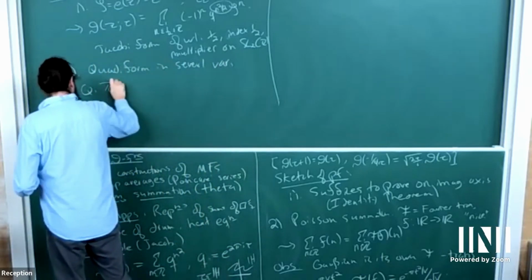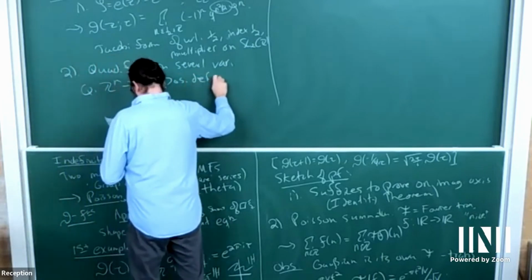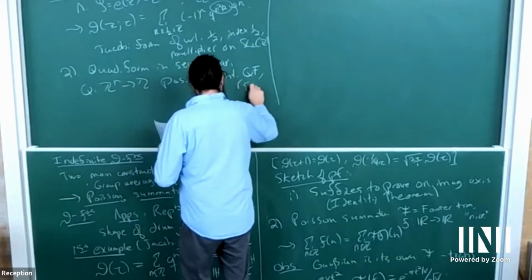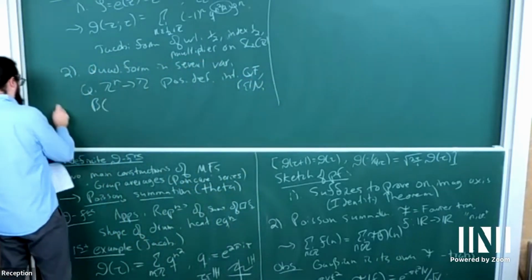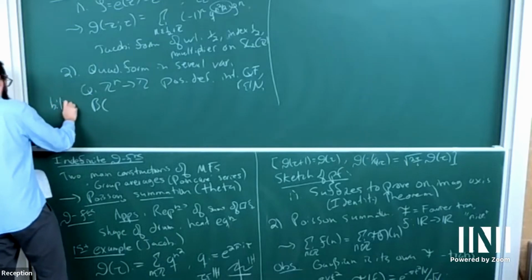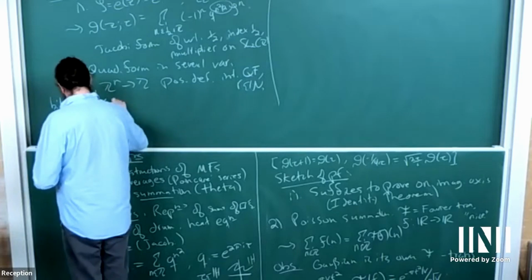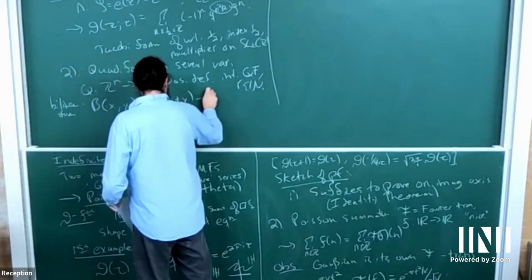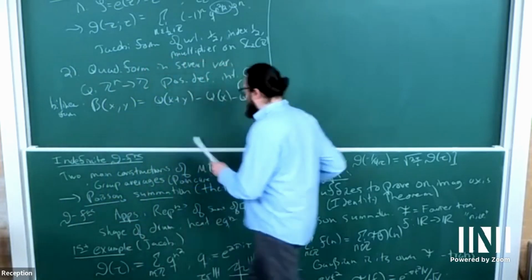Q from Z^r to Z is a positive definite integer quadratic form. r is some natural number. Okay. And then we'll frequently need the bilinear form associated. We'll say B(x,y) is a bilinear form, and that's Q(x+y) minus Q(x) minus Q(y).